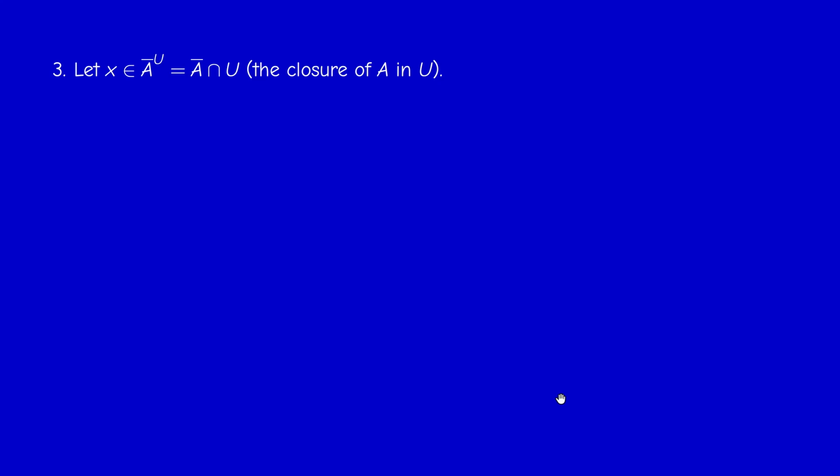It's not true that in general A is closed in E, but it's relatively closed in U. So we take a point in the closure of A in U, which we know is equal to the closure of A in the bigger space E intersected with U. We proved that in an exercise of topology. It's not difficult actually.